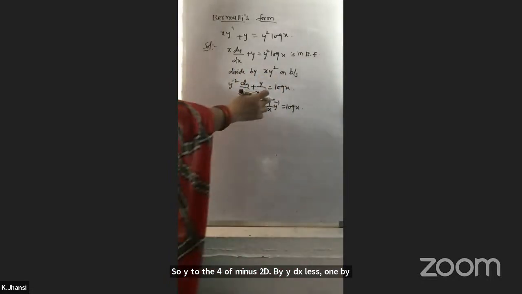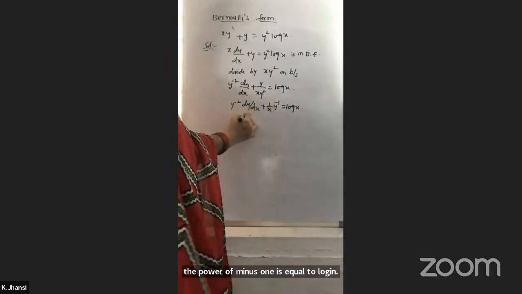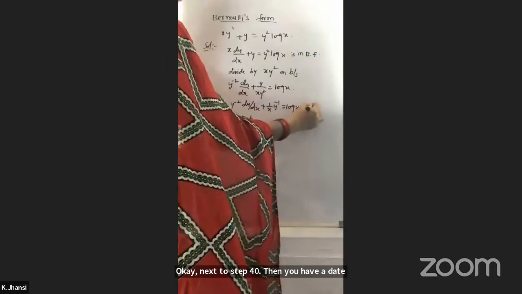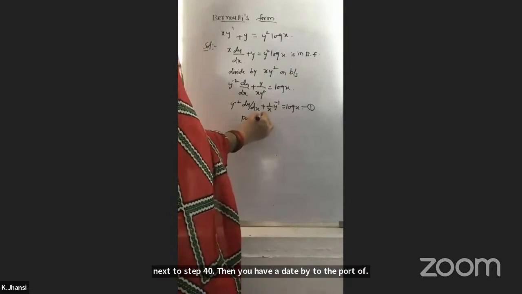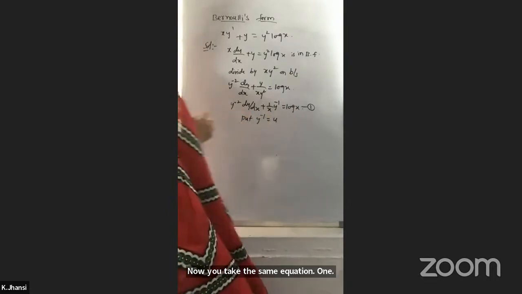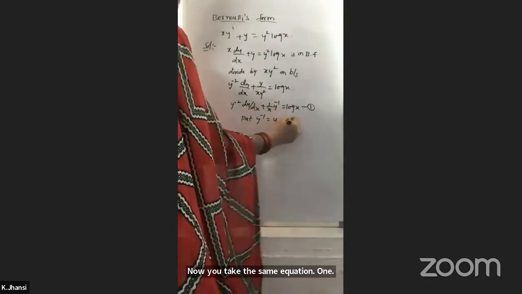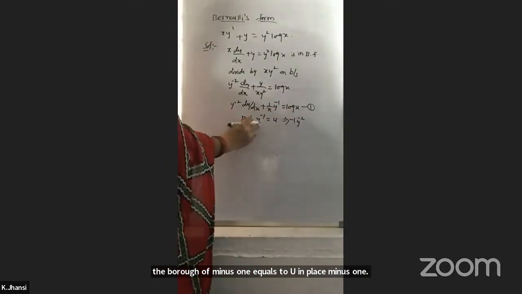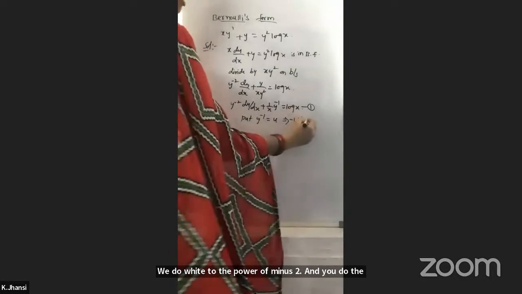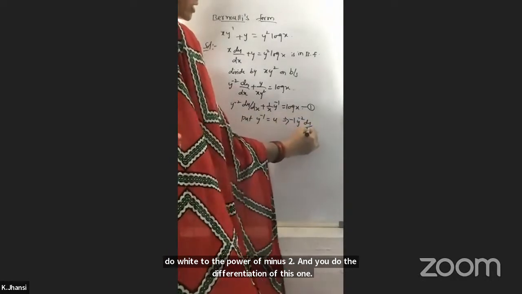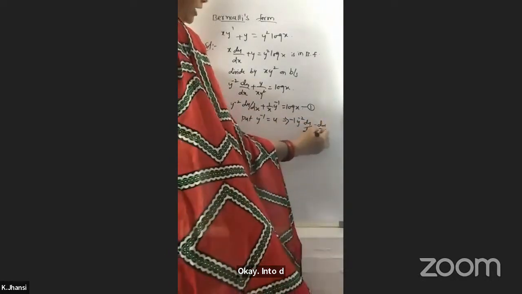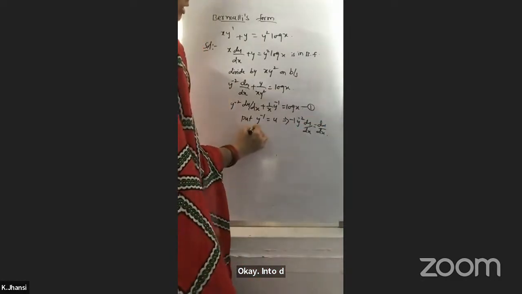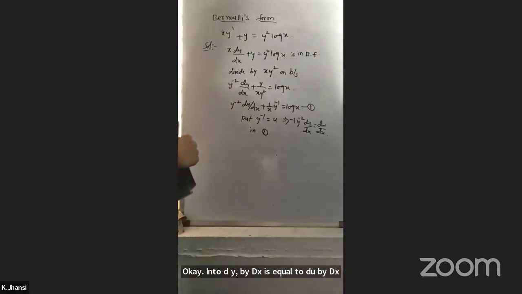Okay, next step. Take this as equation 1. Put y to the power of minus 1 equals to u, which implies minus 1 into y to the power of minus 2, when you do the differentiation of this one, into dy by dx is equals to du by dx.